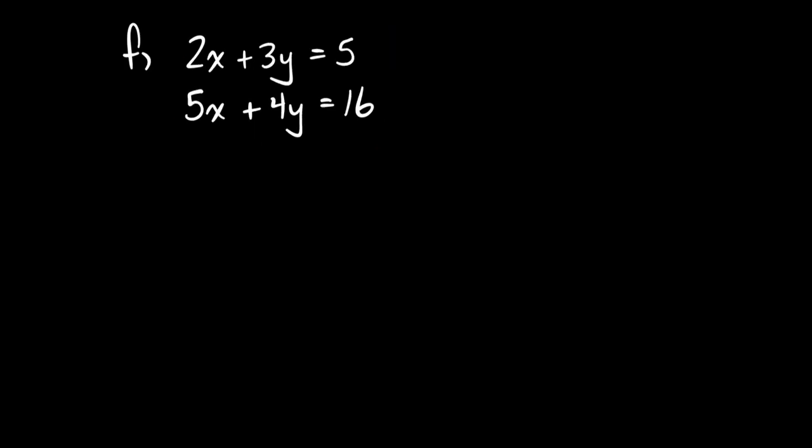Okay, you can see the system that I've given you in F, and there is equation 1 and equation 2. And now we take a look and we're like, oh no. For me to change a 2 into a 5, I'm going to have to multiply by a fraction or a decimal. For me to change a 4 into a 3 or a 3 into a 4, I'm going to have to do the same.